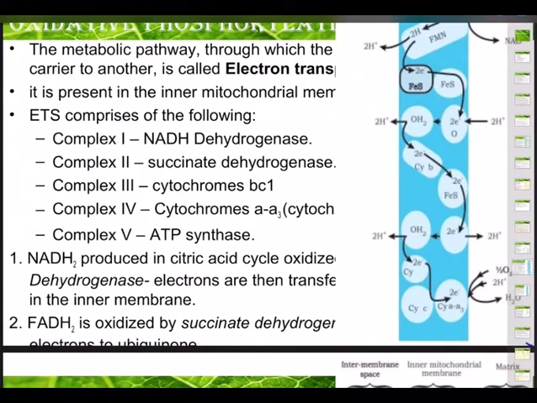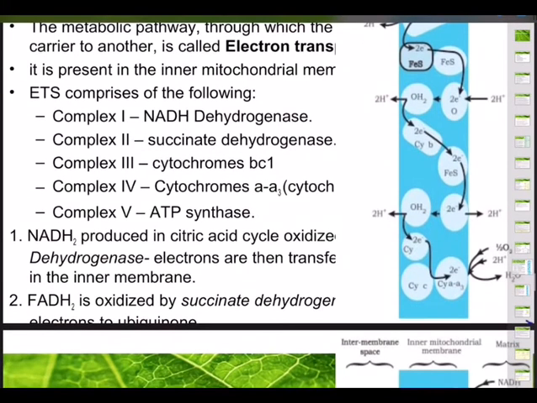And complex number 2 is succinate dehydrogenase. It includes the membrane bound enzyme of the TCA cycle, the enzyme succinate dehydrogenase, and FAD and FES. 2 hydrogens removed from succinate reduce FAD to FADH2.